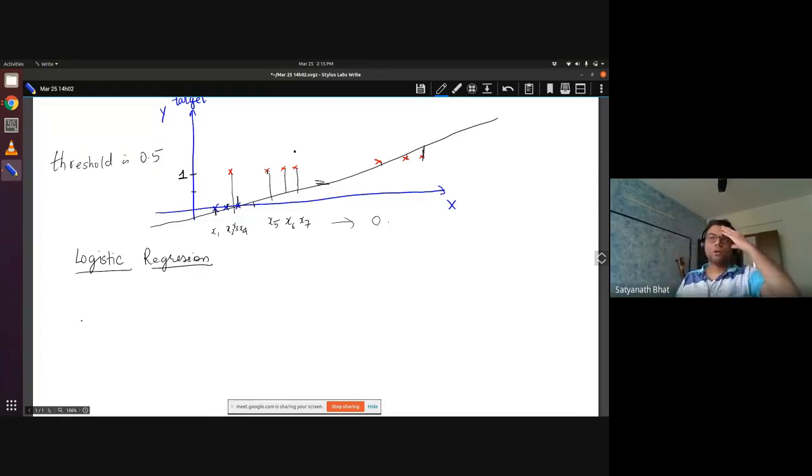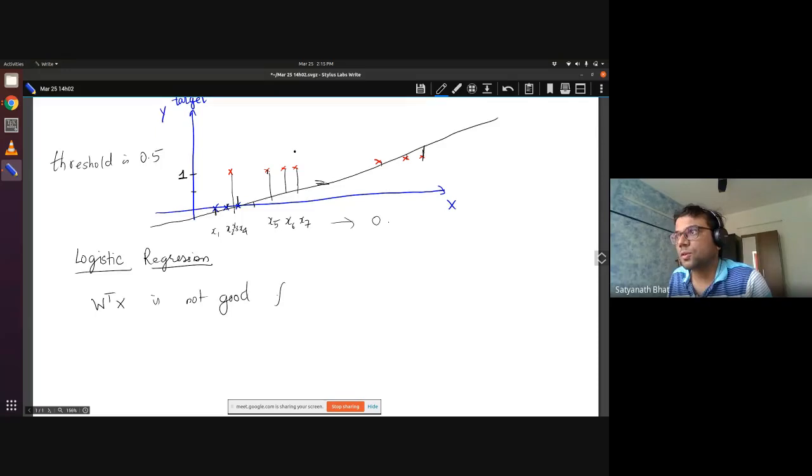Basically, we understand that W transpose X is not good for a 0, 1 type thing. So we cannot use W transpose X for 0, 1. What is the idea? Instead of going 0, 1 abruptly, let us try to do a smooth transition.